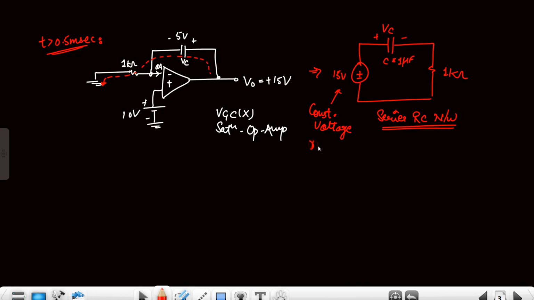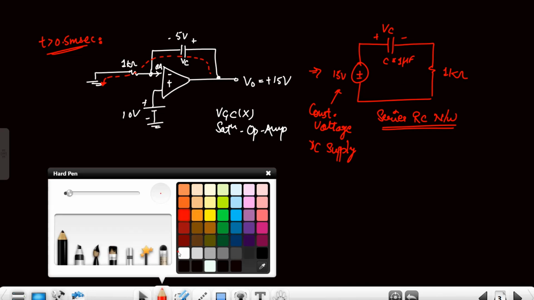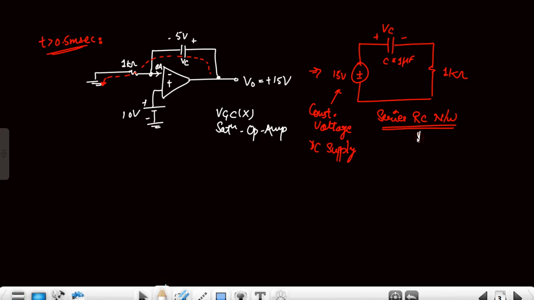So it is acting as a DC supply to this network, and whenever a DC voltage is connected across a capacitor, it means the capacitor now will charge accordingly. The capacitor will charge according to the transient concept. So earlier it was linearly charging and now it will charge according to the transient concept. So we should have an idea about this transient equation of the capacitor voltage.